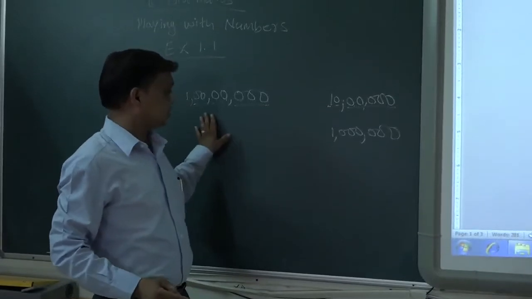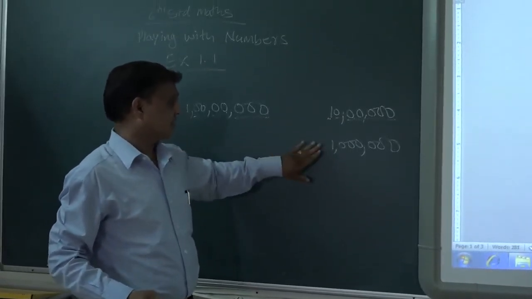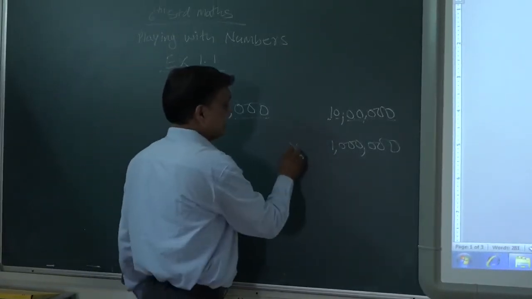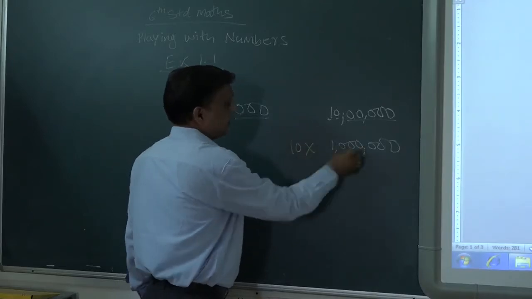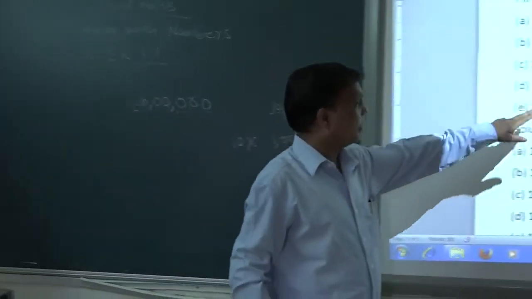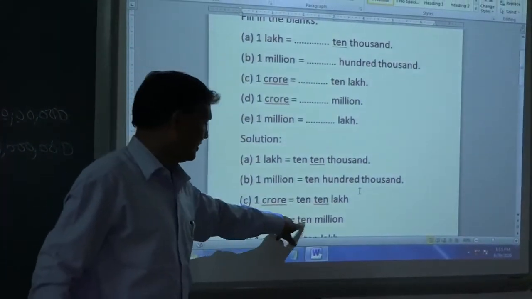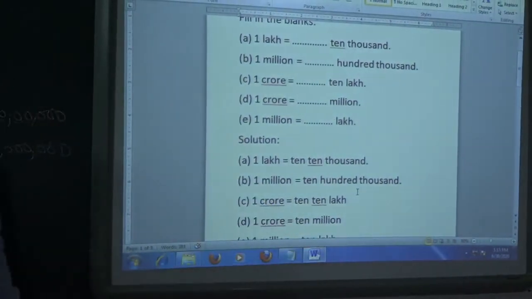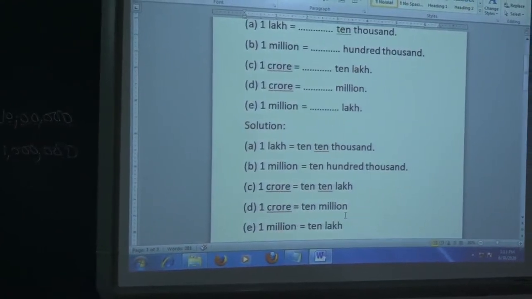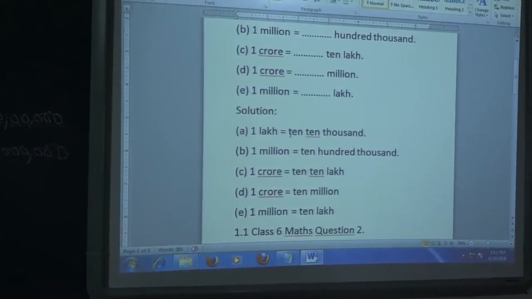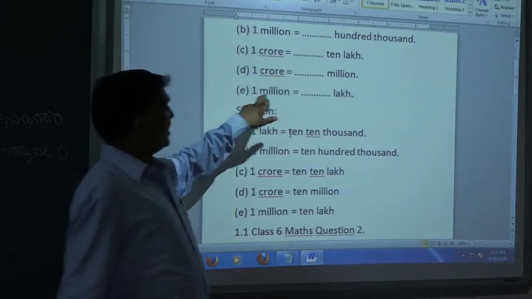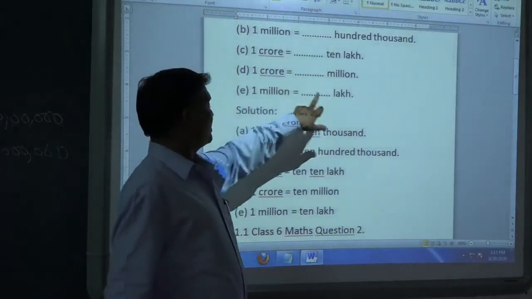Or you can go into the international system. They both are the same: 10 lakh is equal to 1 million. So here are 6 zeros, here are 7 zeros. 1 zero is less here. So again, 10 multiplied by 1 million. So 1 crore is equal to 10 million.